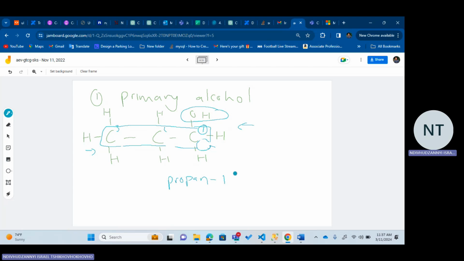Because just in case it's in a different position, then you'll see why this is useful. So it's going to be propan-1-ol, the suffix of alcohol is ol. For now, we don't have any side chain, so we won't include that. So this is a primary alcohol, right? The C atom bonded to the OH is only bonded to one C atom on the other side.